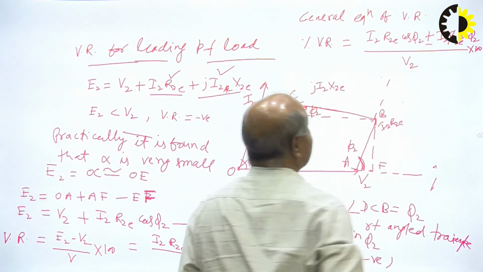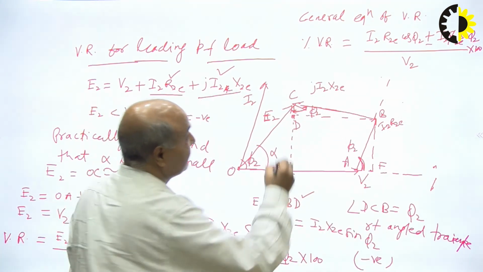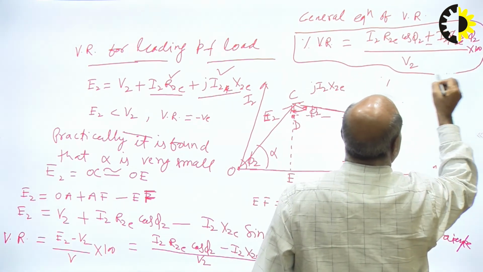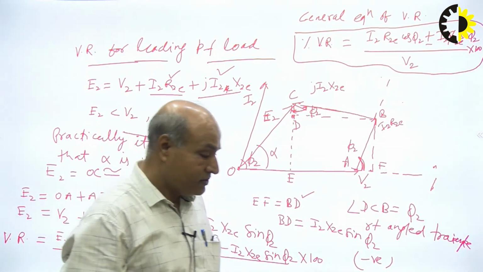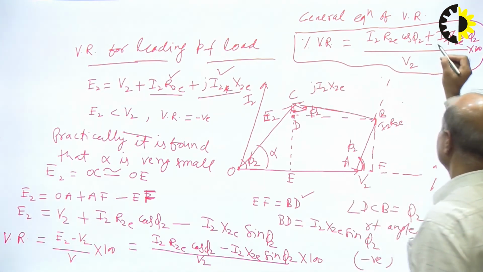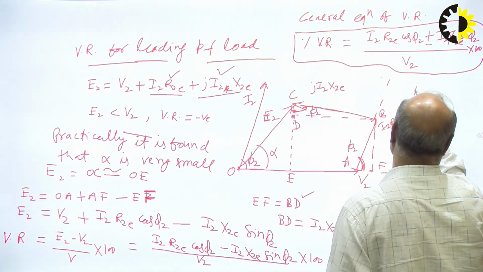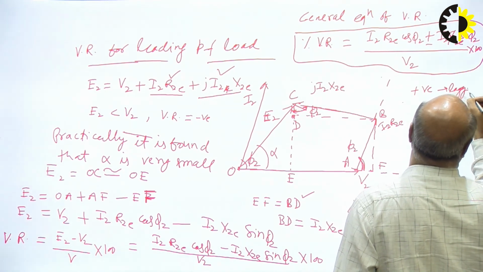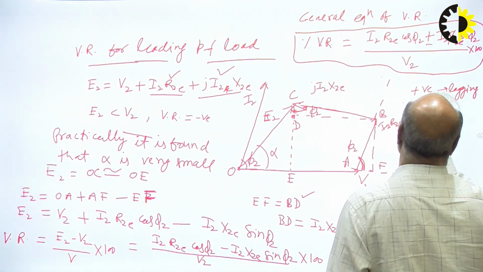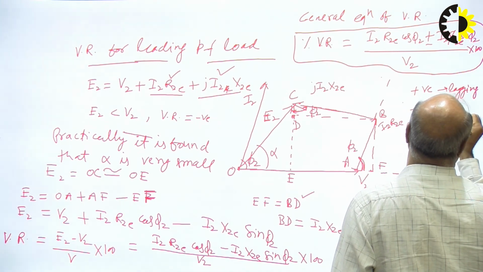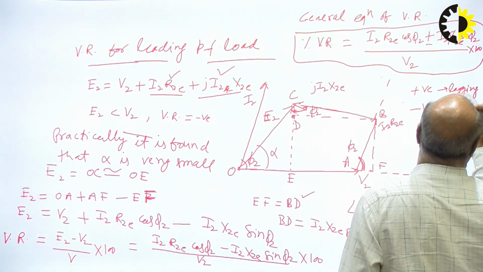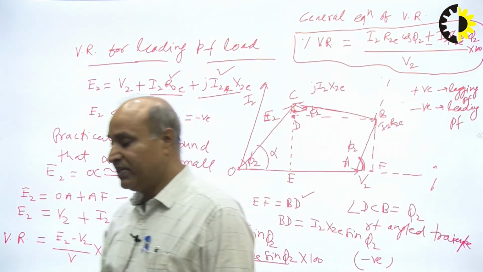This is the general equation of voltage regulation. We take the positive sign for a lagging power factor load, and the negative sign for a leading power factor load.